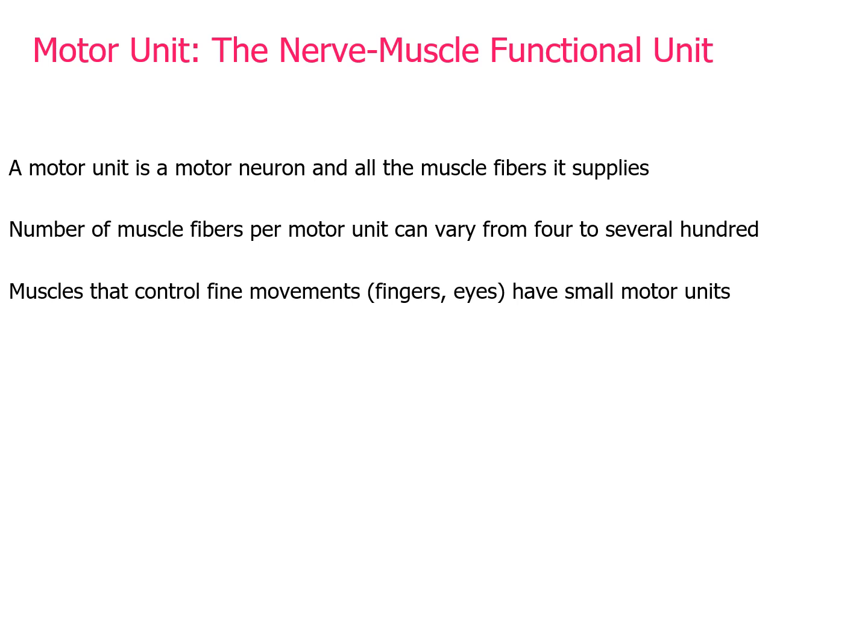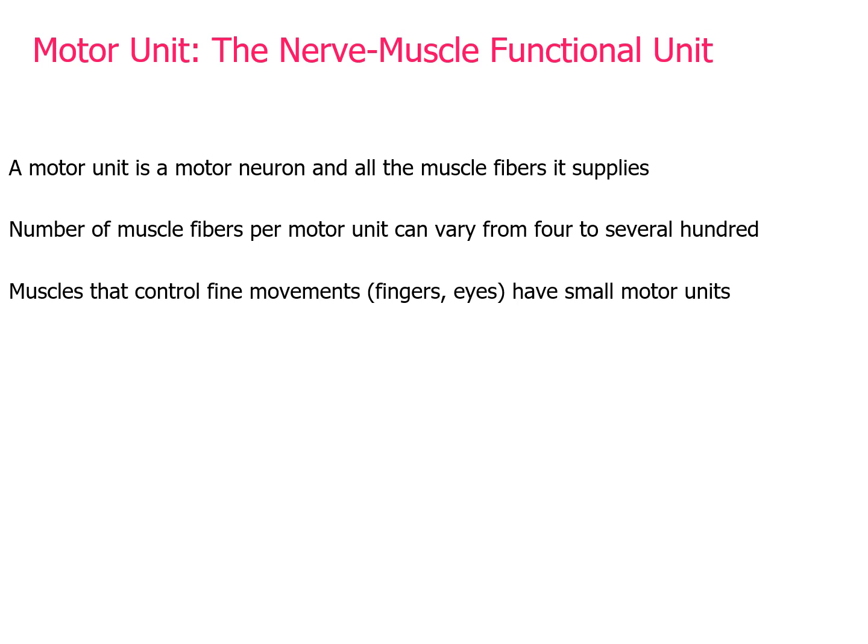Now, the number of actual muscle fibers within a single motor unit, in other words, the number of muscle fibers that could be innervated by a single motor neuron, can vary widely from as few as 4 to up to several hundred.